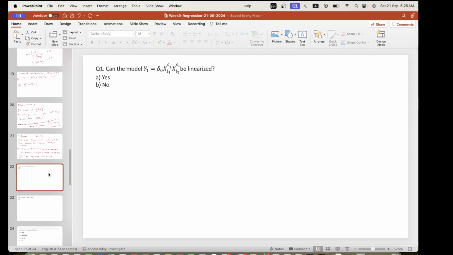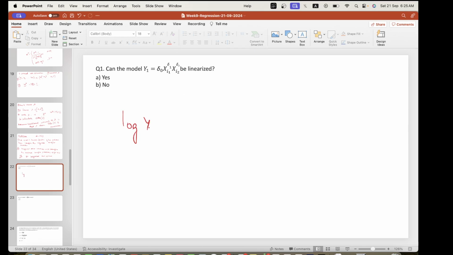So let us see this one. This is a model y_i = delta naught times x_i1 to the power delta 1 times x_i2 to the power delta 2. So can this be linearized?